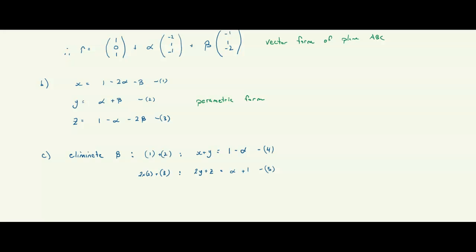And now I've eliminated beta. I'm going to write that in a different color because I'd like that to stand out a bit. Now we could have eliminated alpha at this point, but we eliminated beta. So now I've got 2 equations with x, y, z, and alpha.